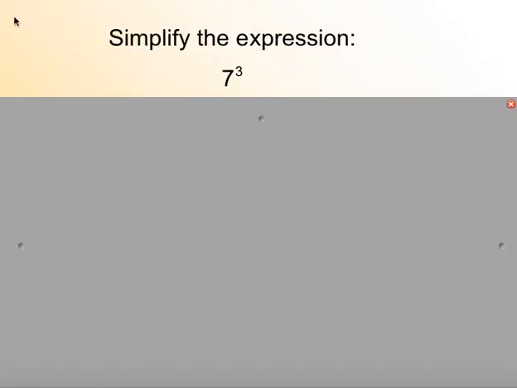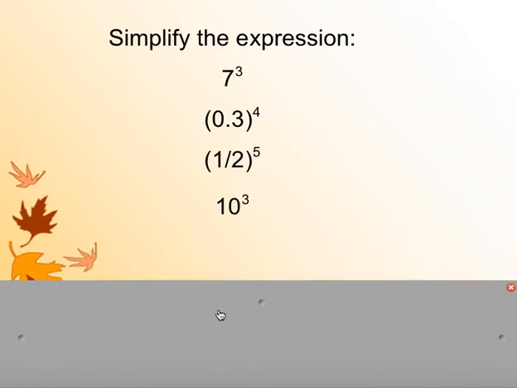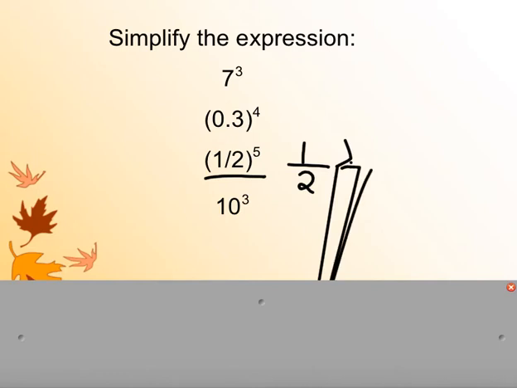Simplifying the expression, when you see this in homework or a test, whatever it might be, it just means we need to multiply these things out. So in this case of 1/2 to the 5th power, we have 1/2 times 1/2 times 1/2.